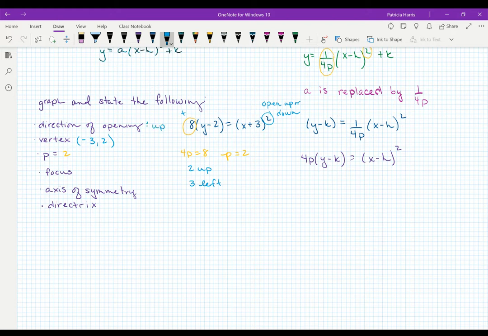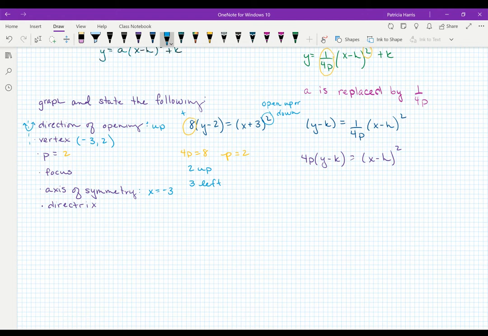Now, this is going to sound kind of dumb, but it helps. I usually tell students to draw a little tiny parabola that opens up so they know where everything is supposed to be. So if I open up, that means my axis of symmetry is going to be an x value. So x is equal to -3. Now I'm doing all of this without graphing, which can be kind of difficult.